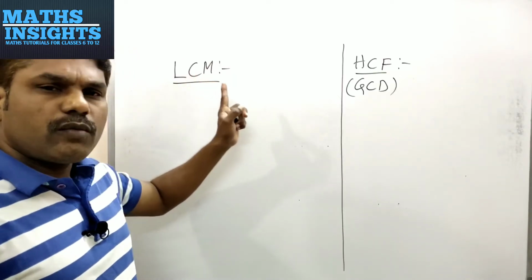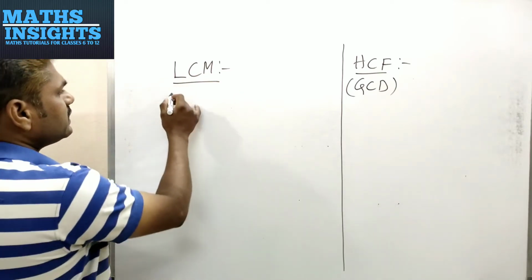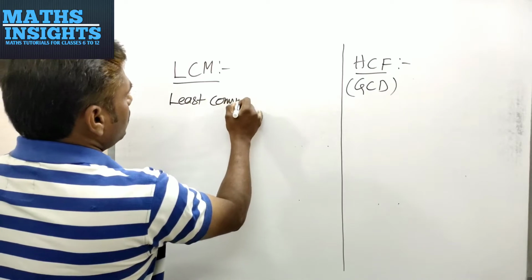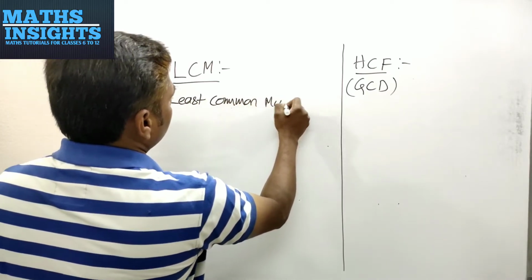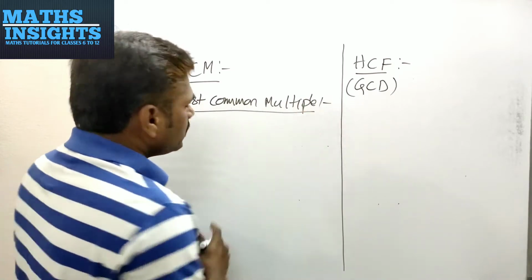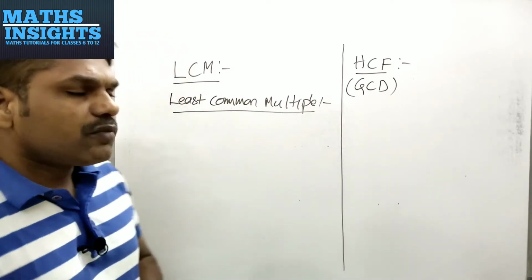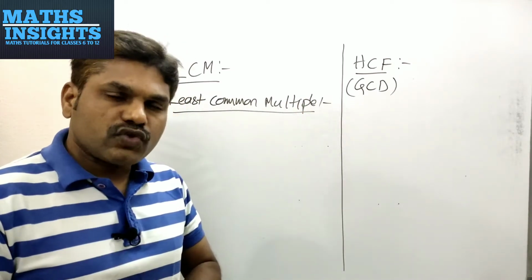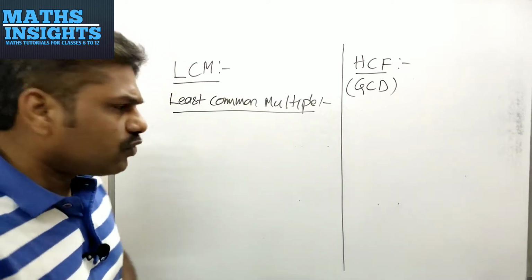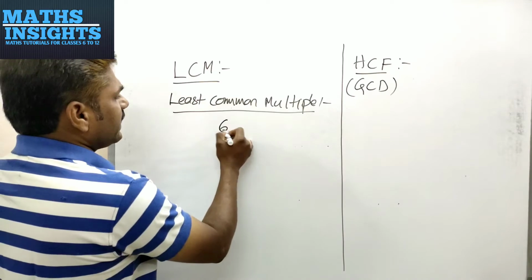Actually, the full form of LCM is least common multiple. So if you want to find the LCM of 2 or more numbers, you can find the LCM of any number of numbers. I am taking, suppose, 6 and 9.